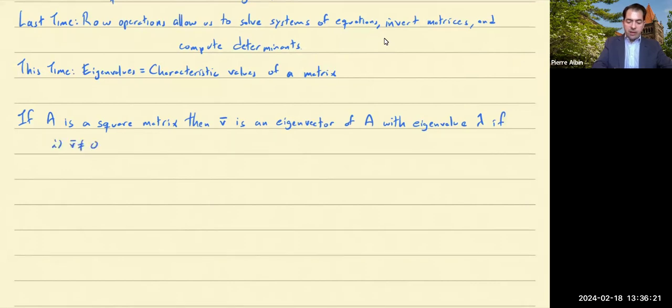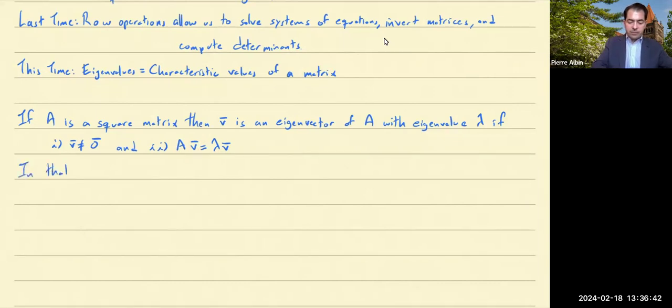V needs to be not equal to 0, and A times the vector V has to be equal to lambda times the vector V. So on the vector V, multiplying by A is the same as multiplying by the scalar lambda.